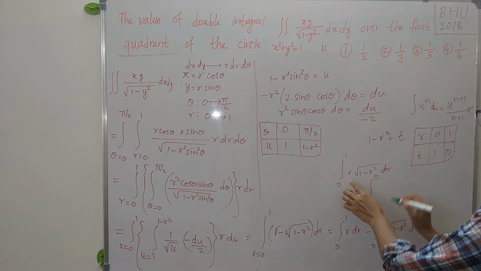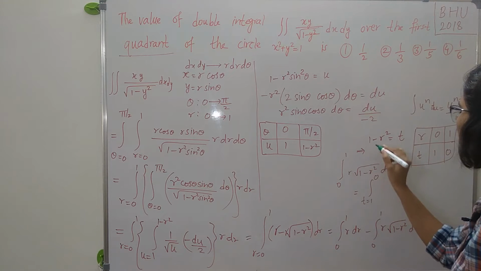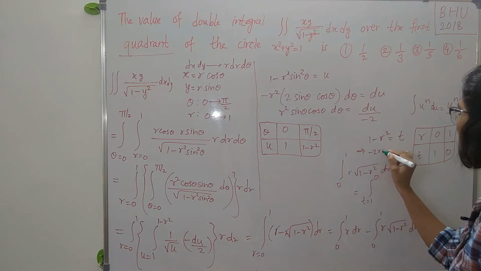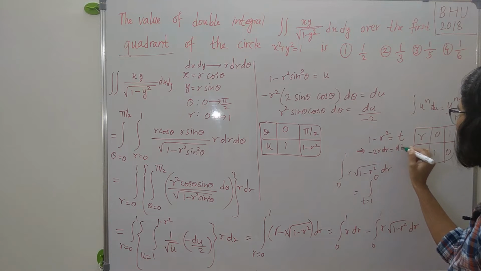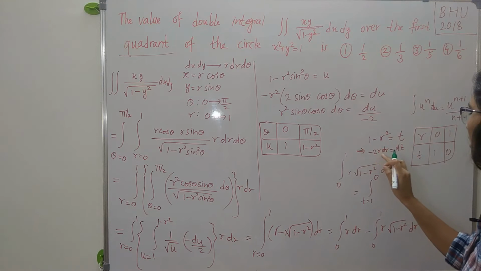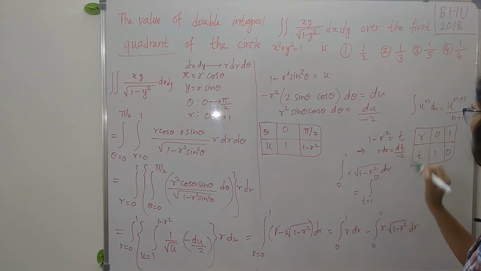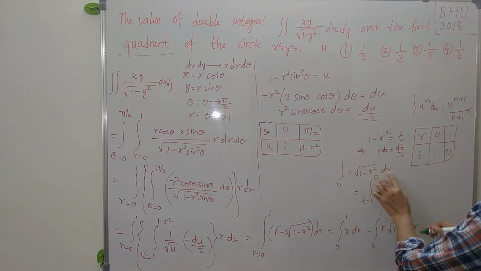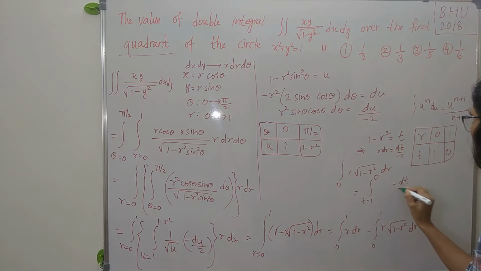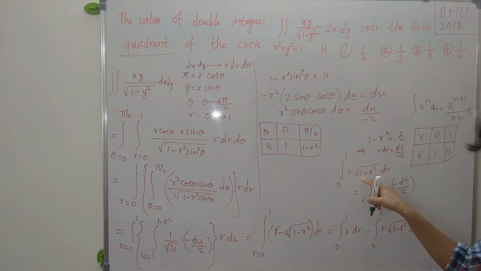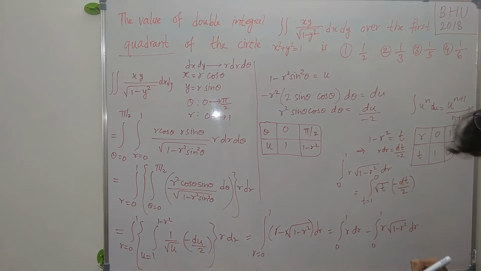Now when you differentiate this, you will get minus 2r dr is equal to dt. So r dr is equal to dt by minus 2, so r dr is equal to minus dt by 2, and this square root of 1 minus r square is just equal to square root of t, right?